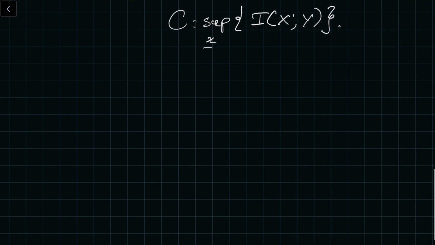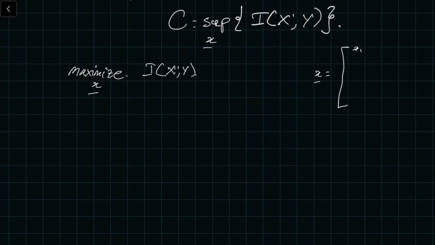I mean you could maximize the I(x;y) expression over x. When I say x vector, I mean all the probabilities of x, x_1 down till x_m. So we can just plug in the expression and maximize.